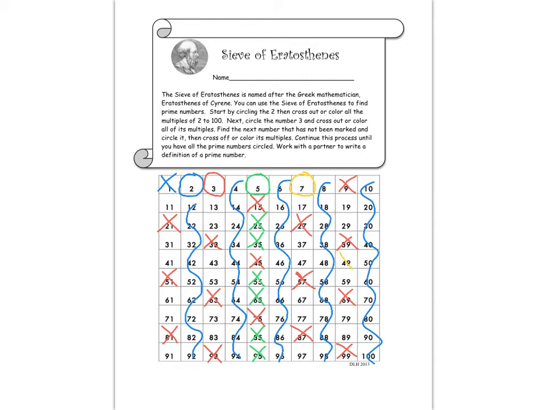49 is the first one that we come to that is a multiple of 7. In other words, it's divisible by 7, but has not been crossed out. So again, as you're counting, make sure you're looking at those numbers, whether they're crossed out or not, and thinking, oh, I didn't realize 7 went in there.